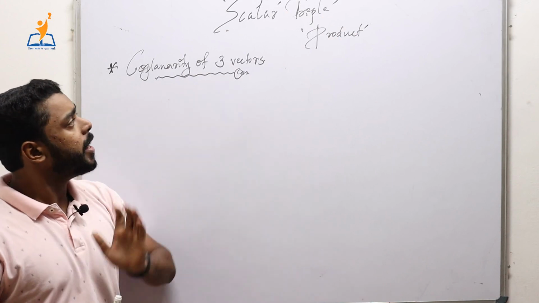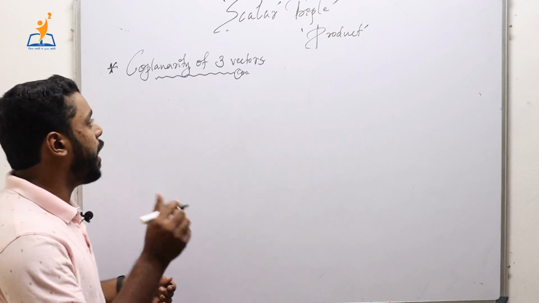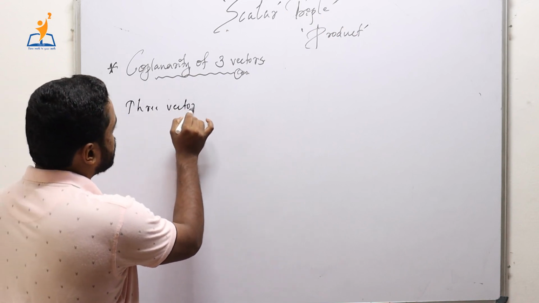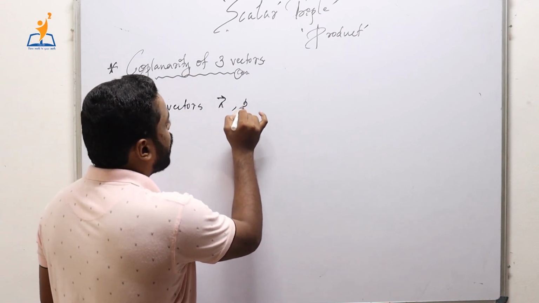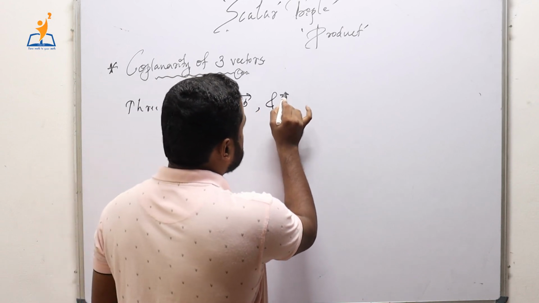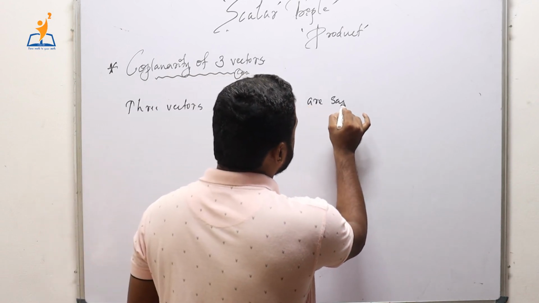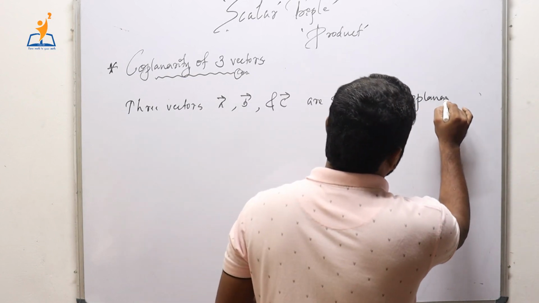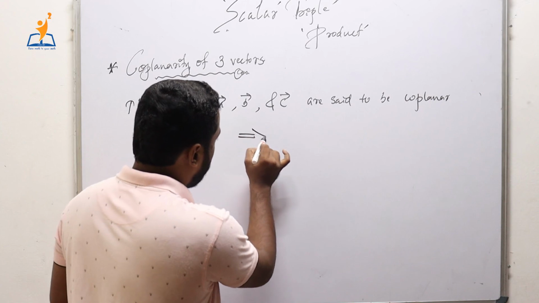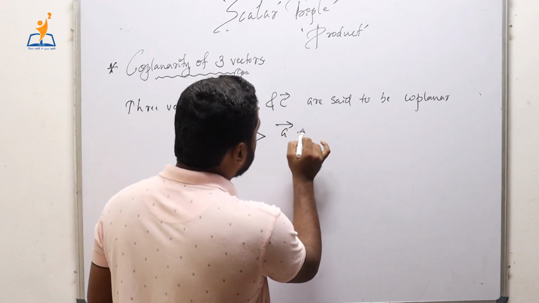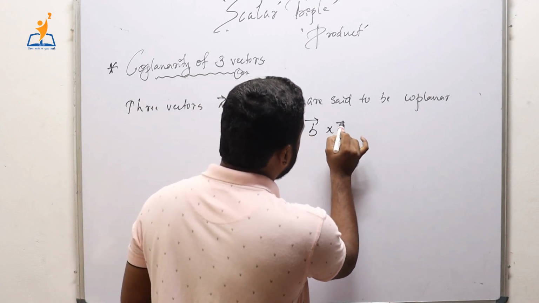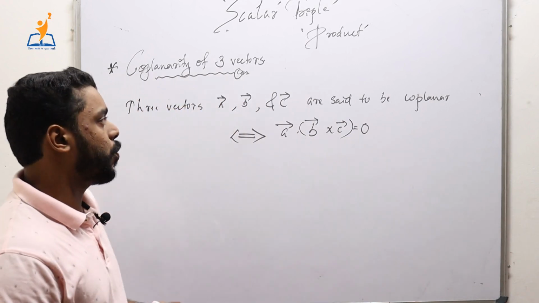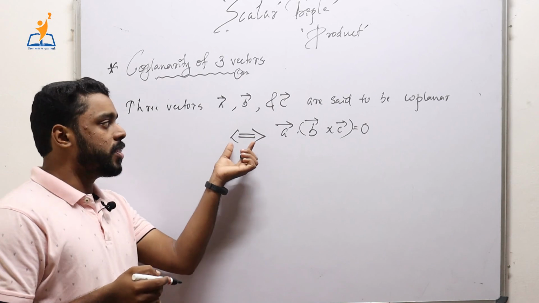Now coplanarity of three vectors is defined as: three vectors, vector A, vector B and vector C are said to be coplanar if and only if A dot B cross C is equal to 0, which means that the box product is equal to 0. Just look into the condition.